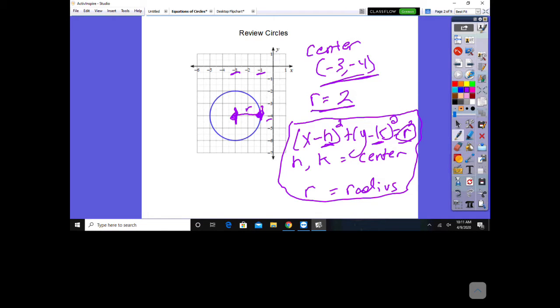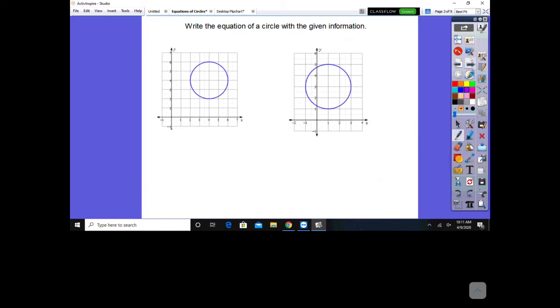So let's go ahead and look at some examples real quick. Remember that formula. I'm going to write it up here again so we can remember: (x - h) squared plus (y - k) squared equals r squared. What we need to do is figure out the center of the circle.